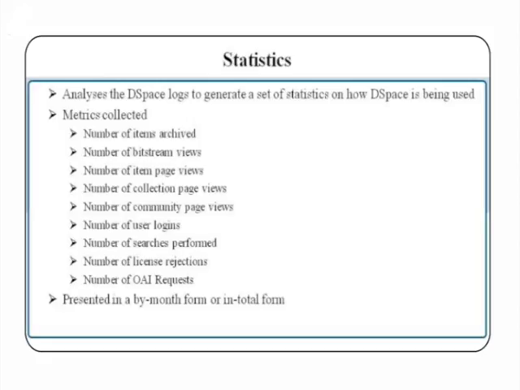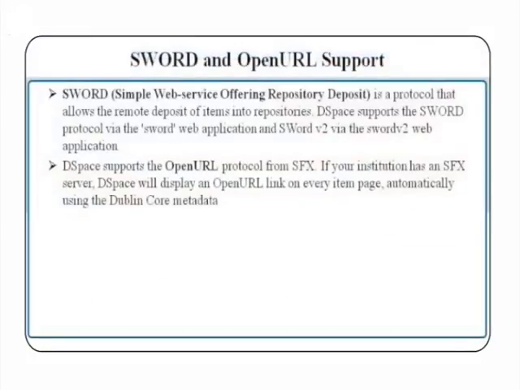DSpace also provides a customizable general overview of activities in the archive, by default including number of items archived, number of bitstream views, number of item page views, number of collection page views, number of community page views, number of user logins, number of searches performed, number of license rejections, number of OAI requests.